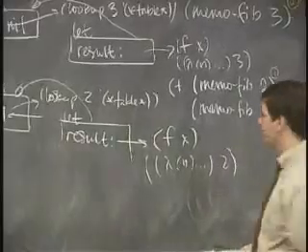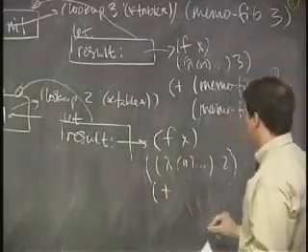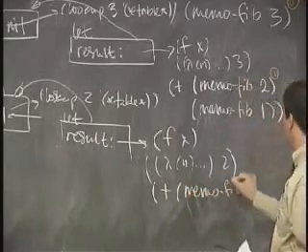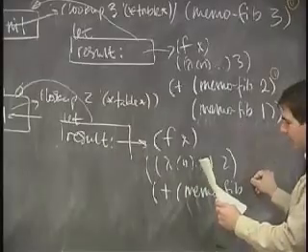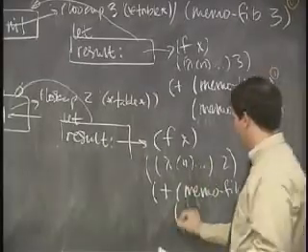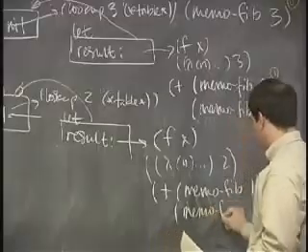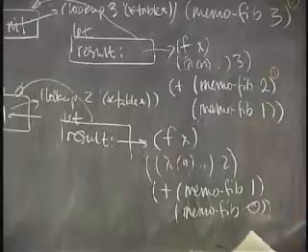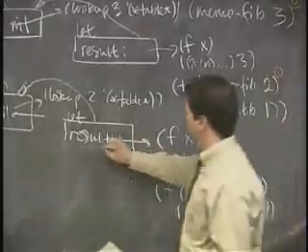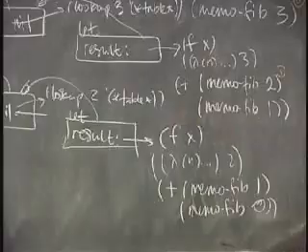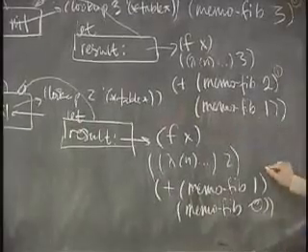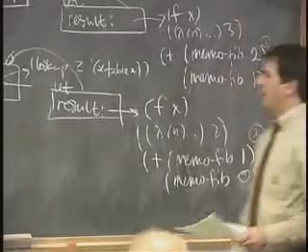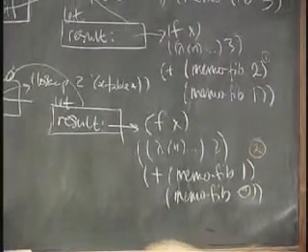Because those base cases aren't yet hit, so we have plus memo fib n minus 1 is 1, and memo fib of n minus 2, which is 0. Oh, well, I guess we have to keep going then. So let's take this one here, which will be 2. And so we start another one of these.